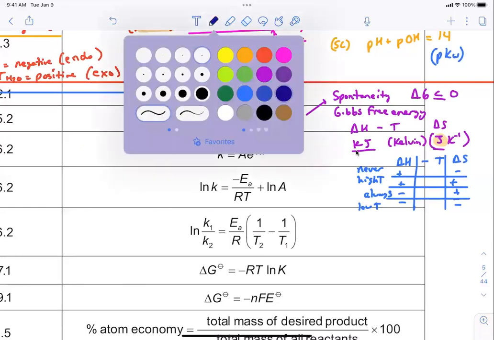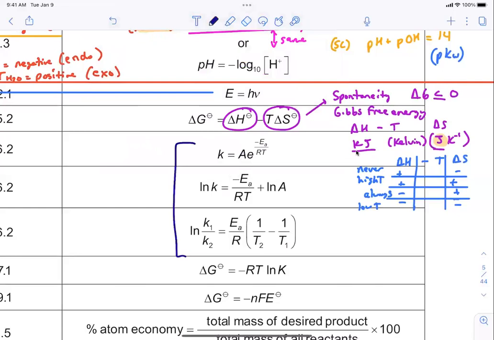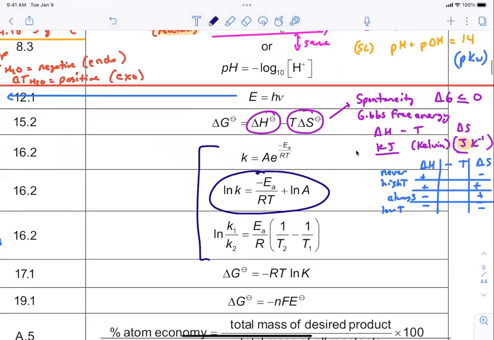Okay. Now, these 3 equations here, I don't know why they give you all 3 equations. It's the same equation, just written in different forms. I think that you should focus on this form of the equation here. This is used for activation energy. And I think y'all didn't get a chance to go over this last year, so this will be something that we will also review or learn in class for a higher level.